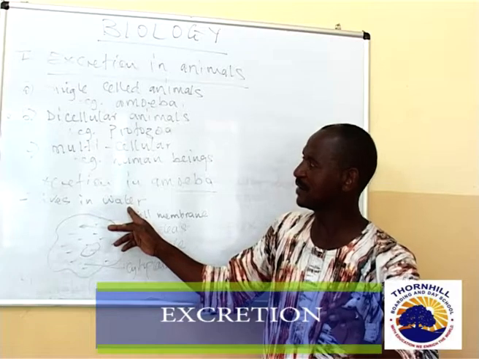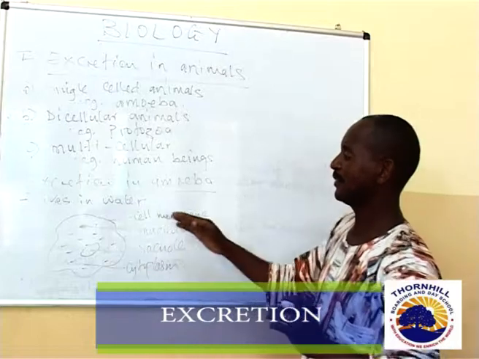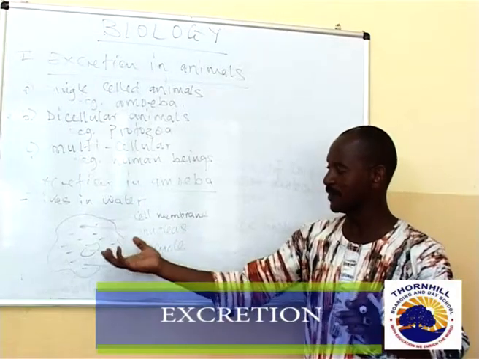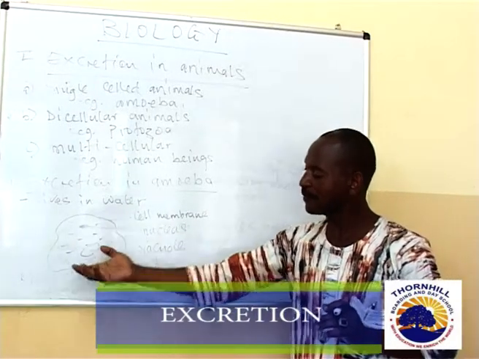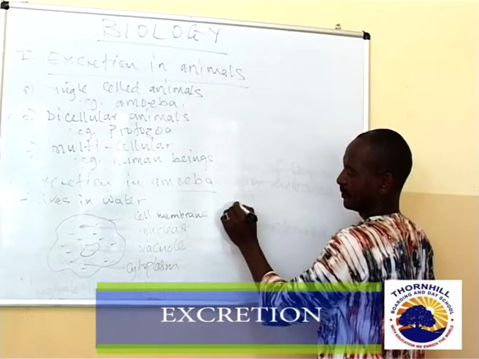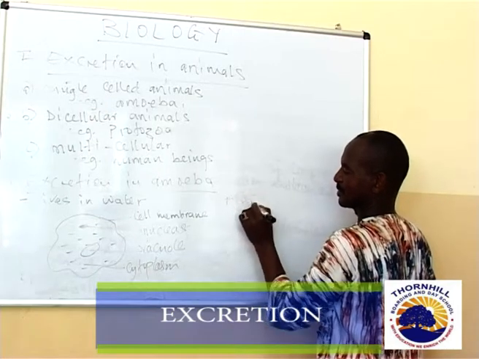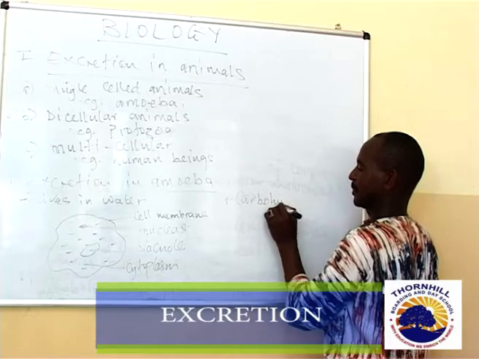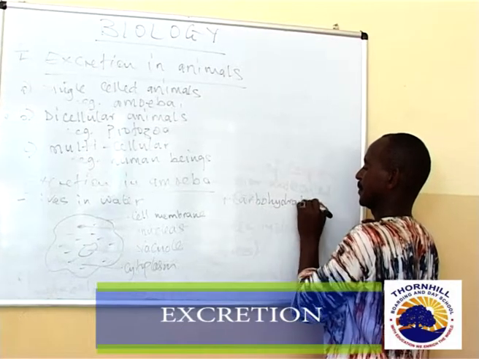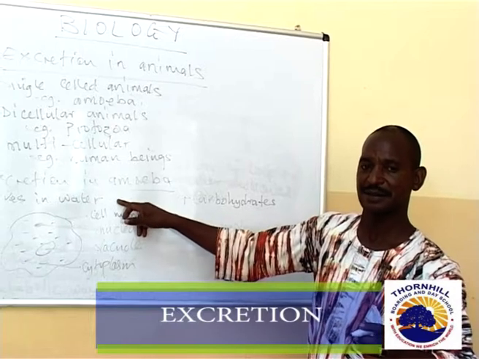So talking about excretion in a single-celled animal like the amoeba, we find that this animal, the animal cell living in water, is going to have carbohydrate metabolism. The carbohydrates are found in the water.